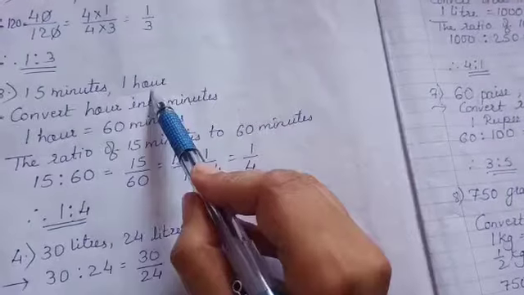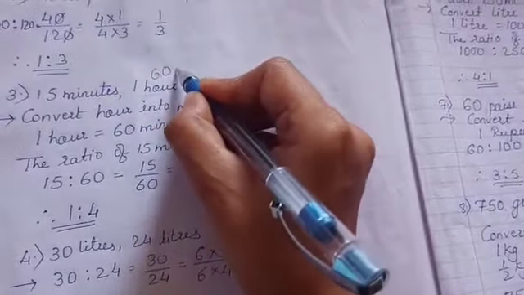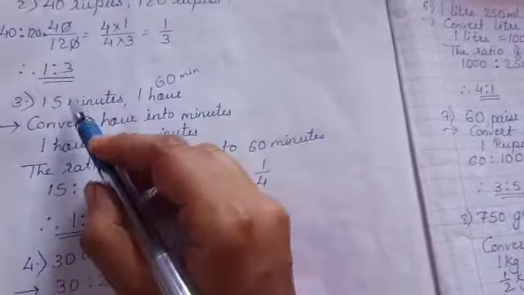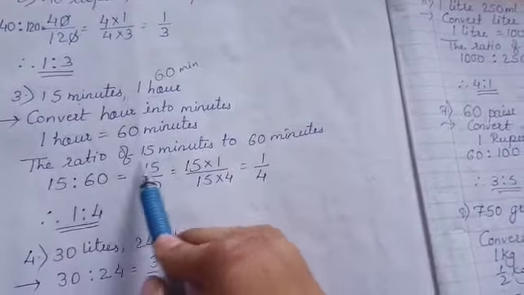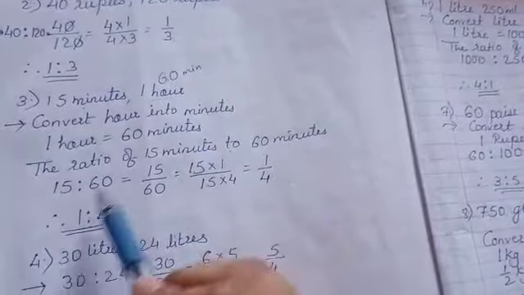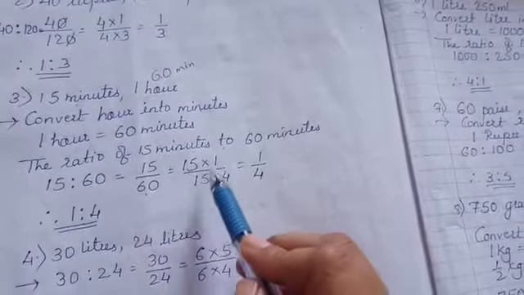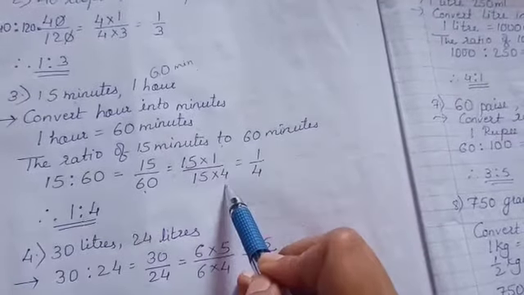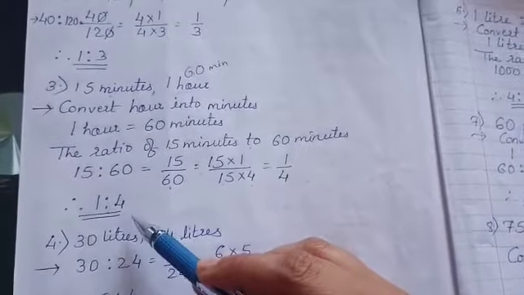So this 1 hour has become 60 minutes, and this is also minutes. Now you can write the ratio of 15 minutes to 60 minutes. 15 ratio 60, 15 upon 60. 15 1s are 15 and 15 4s are 60. So 1 upon 4. So the answer is 1 ratio 4.